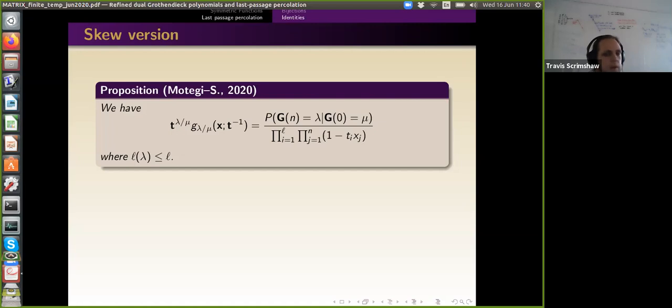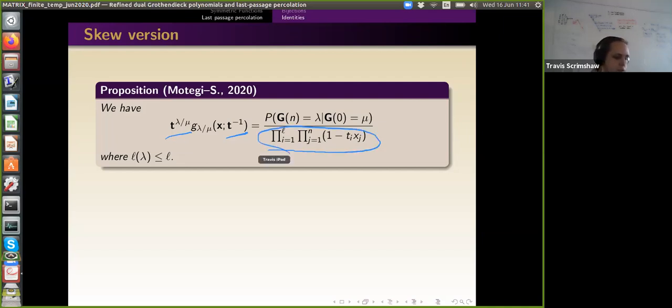But if you're coming from the probability side, well, you have this starting from nothing and building up, but you should be able to start from somewhere else and continue, and this transition probability. And so you can actually show that this transition probability is a dual Grothendieck polynomial up to that same sort of dealing with the inverse and changing things over.